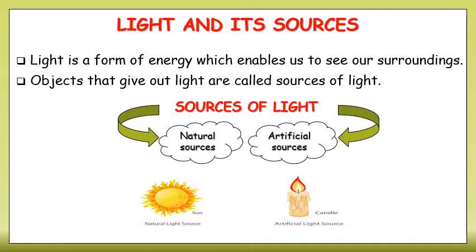The natural sources are the sources of light that occur in nature. For example, sun, stars, fireflies, etc. While the sources of light which have been made by humans are called man-made or artificial sources of light. For example, electric bulb, candle, torch, etc.